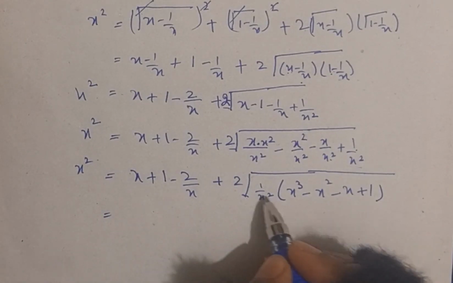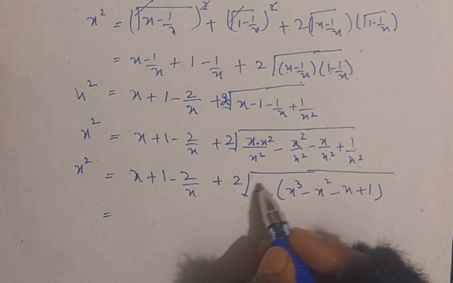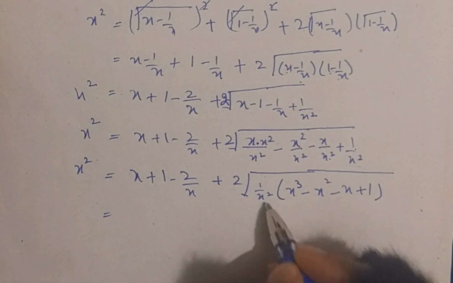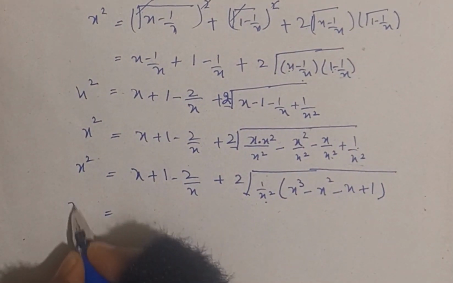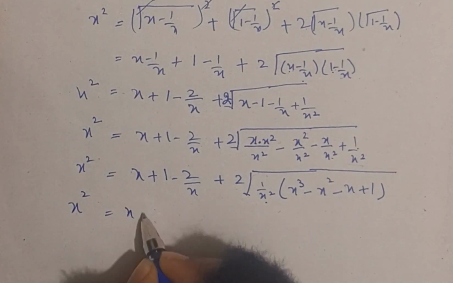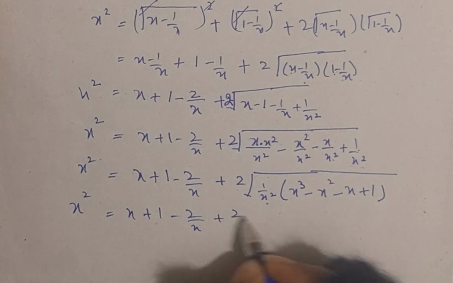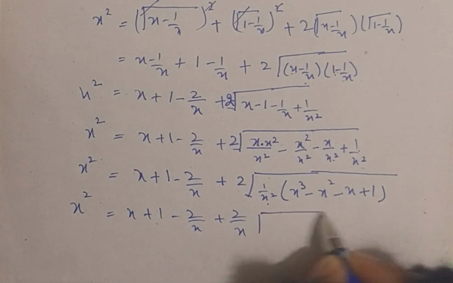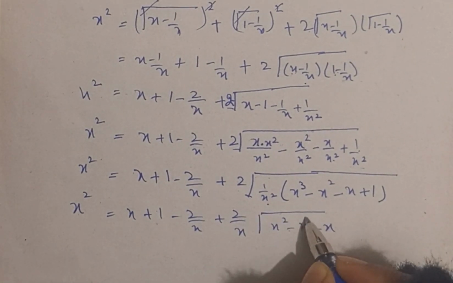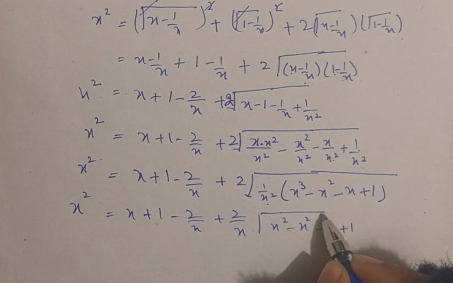Now in the next step we can write square root of 1 over x squared equal to 1 over x, so we copy the remaining values and this will become plus 2 over x, times x cubed minus x squared minus x plus 1.